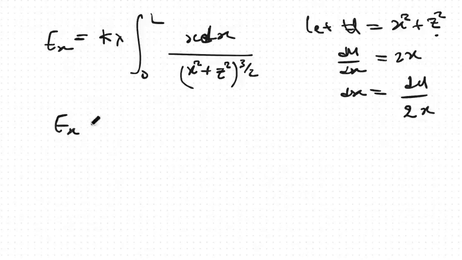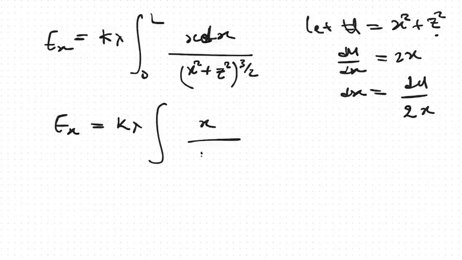So substituting it back in this expression, we have EX equal to k lambda, the integral of x divided by u to the power 3 divided by 2, and dx will be du divided by 2x. So now let's change our limit of integration.